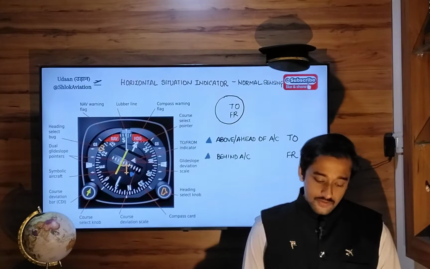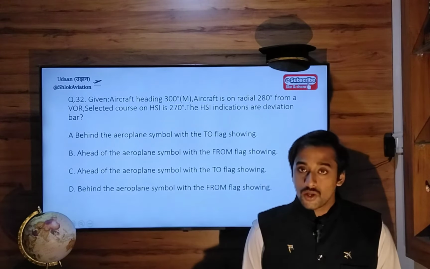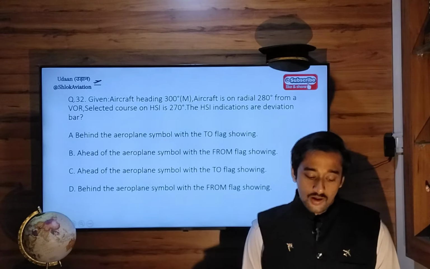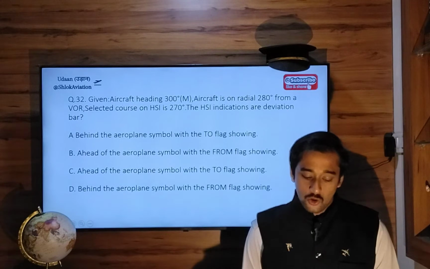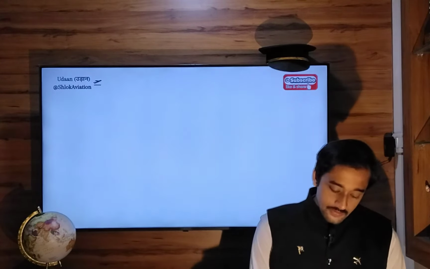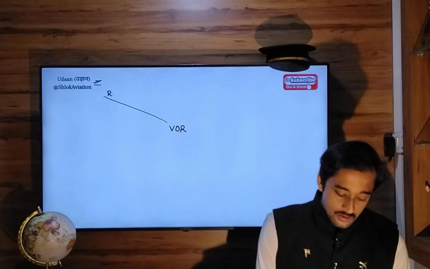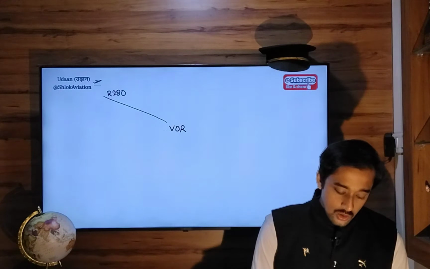Let's go to next. Question 32. Aircraft heading is 300. Aircraft is on radial 280 and you have selected a course of 270. What will HSI show? So this is your VOR. This is your radial 280. This is your radial 270.